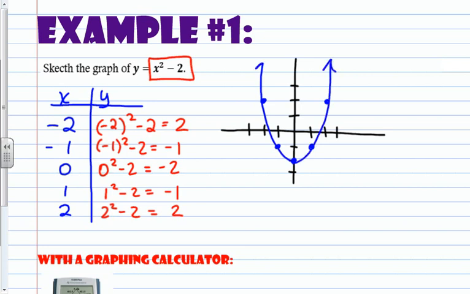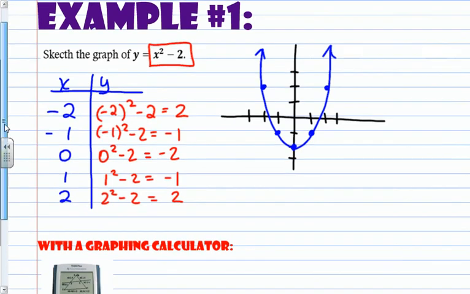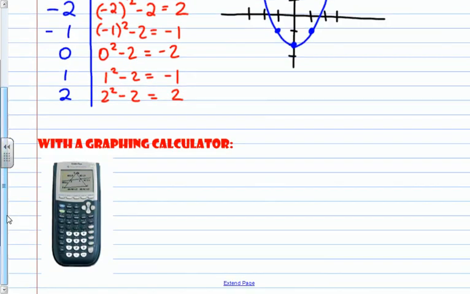Nothing perfect, but I could use this to solve some kind of problem. Now, I need you to know how to do this by hand, but I also need you to know how to do this with a graphing calculator. And it is important that you learn how to use the graphing calculator for the AP exam. To graph an equation, I don't know if you have previous experience. Hopefully you do.